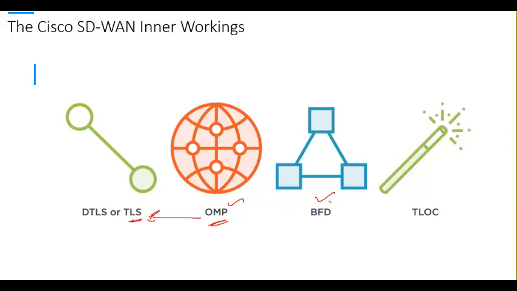Right. So next is BFD. BFD is used between the edge routers only, between SD-WAN edge routers. Between all sites, you want a secured connection. So every now and then, this BFD will be running between the WAN edges over the overlay tunnel. Why?